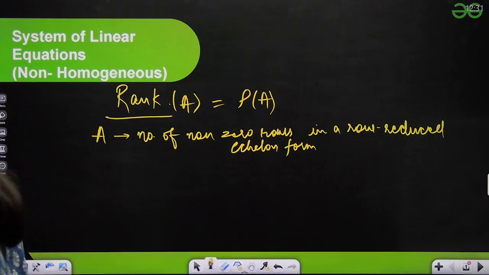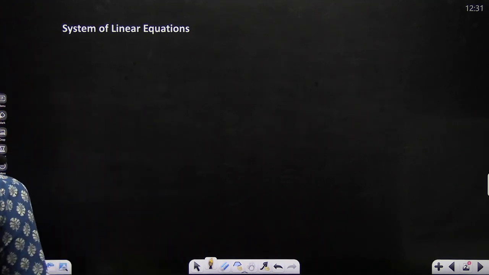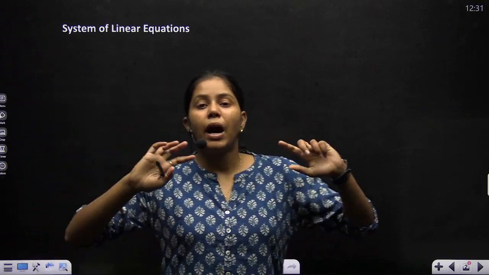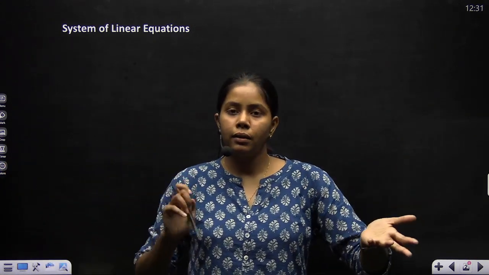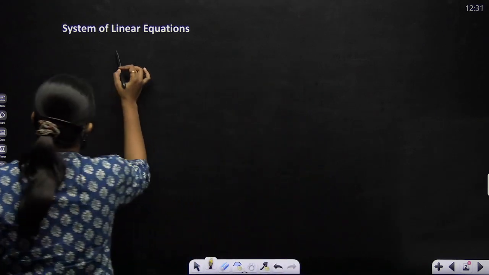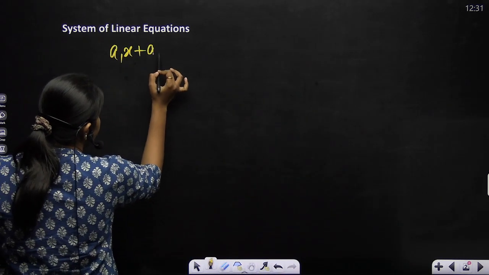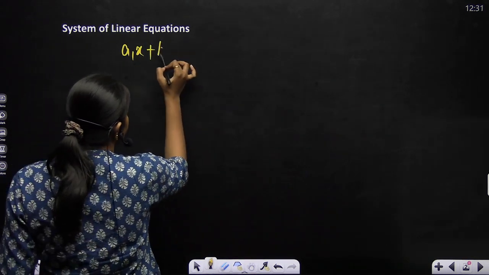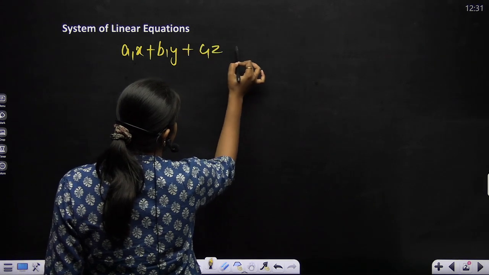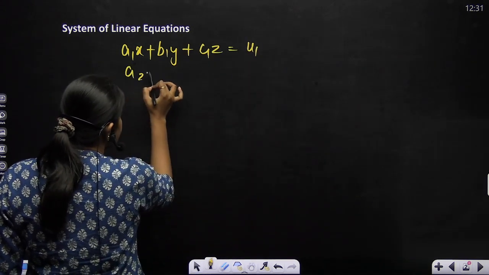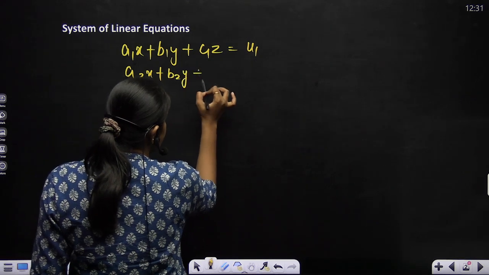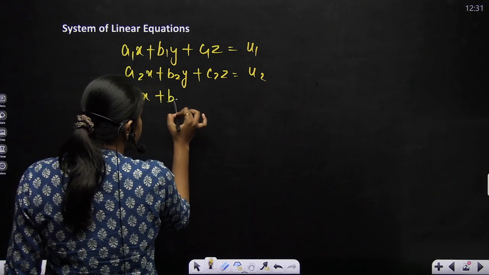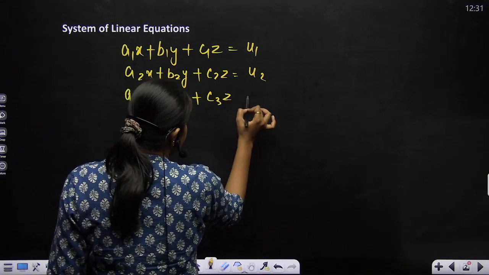First, let's understand what a system of linear equations is. When I have more than one equation in linear format, meaning the variable powers are 1. Suppose I have a1x plus b1y plus c1z equals u1, a2x plus b2y plus c2z equals u2, a3x plus b3y plus c3z equals u3.